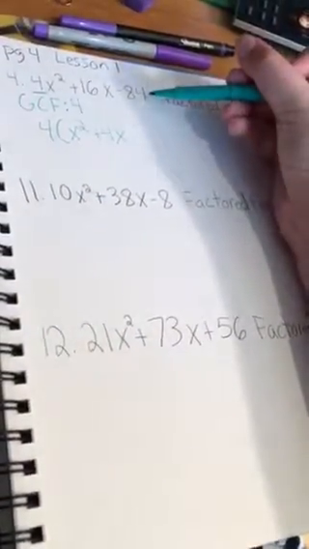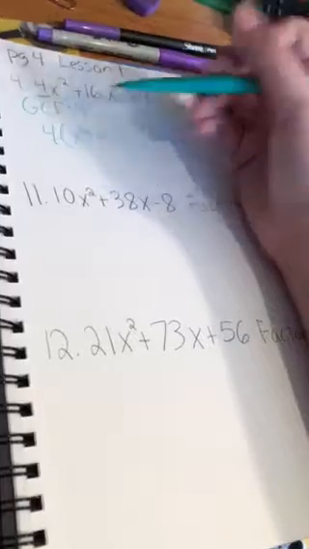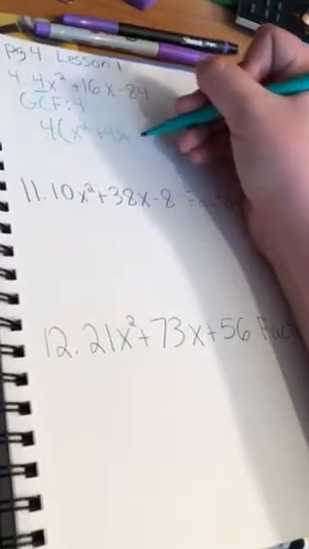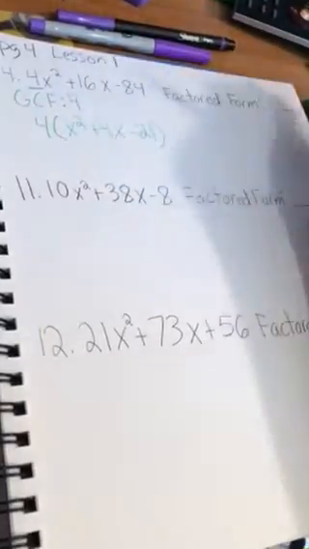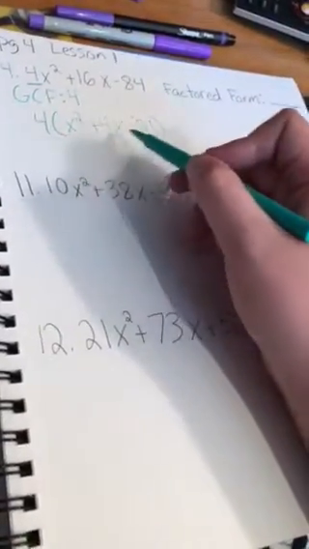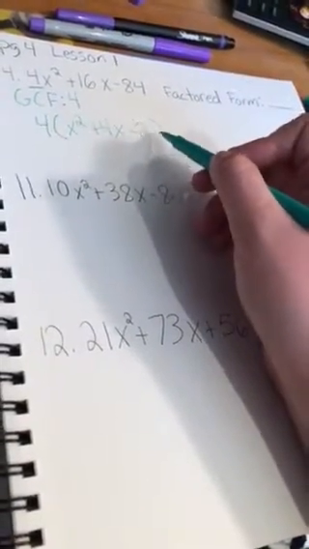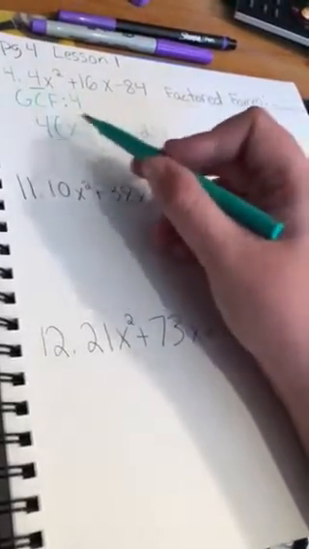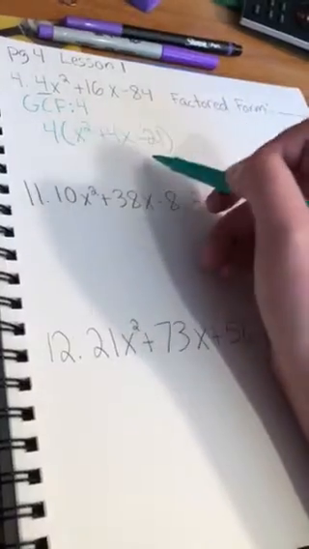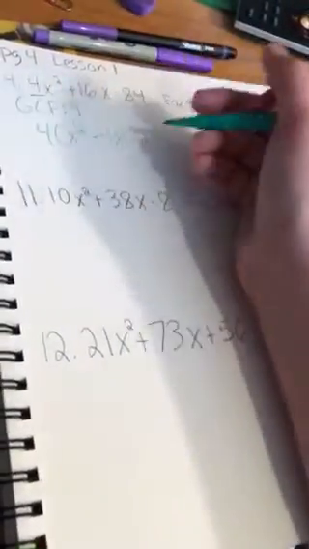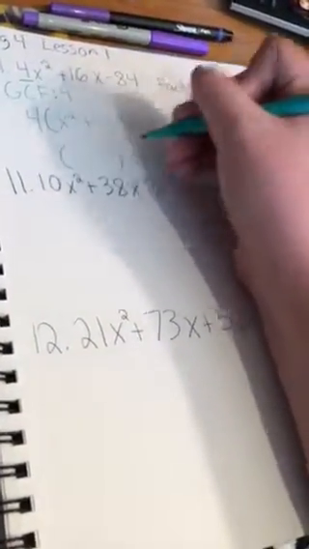Then we have negative 84 divided by 4, which gives us negative 21. Now that we have gotten rid of our greatest common factor, we want to factor what is in our parentheses. So once we've figured out our inside parentheses, we want to end up with 2 parentheses.